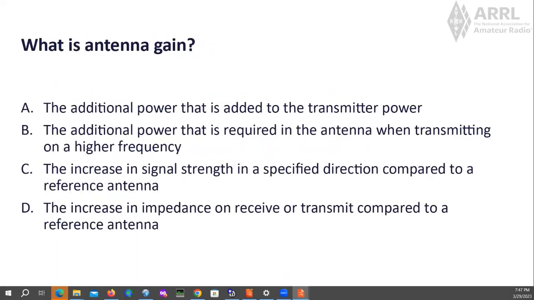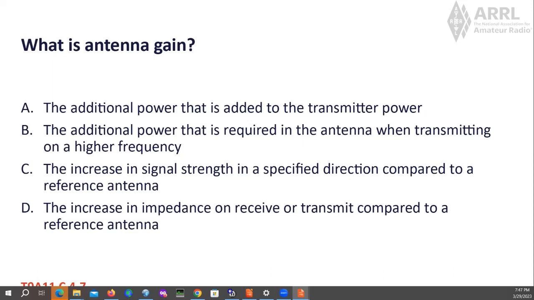What is antenna gain? And the answer is C. The increase in signal strength in a specified direction compared to a reference antenna. Usually they use either an isotropic antenna, which closely would resemble a light bulb if the light bulb did not have a support and just radiates in all directions.